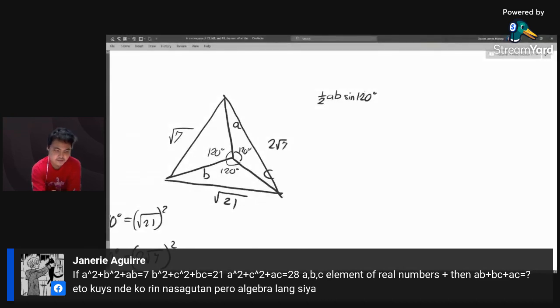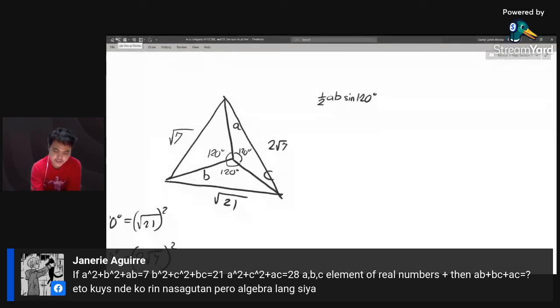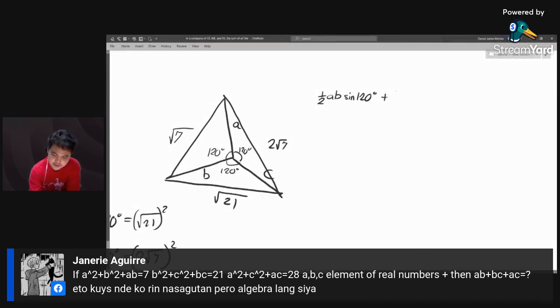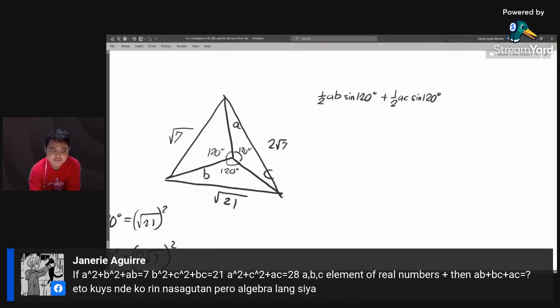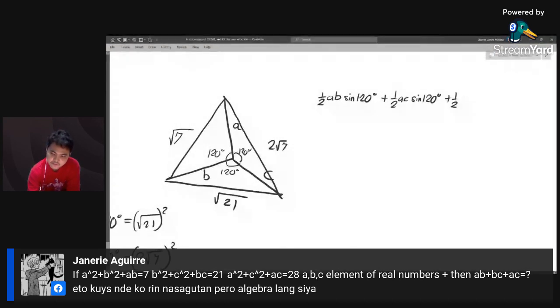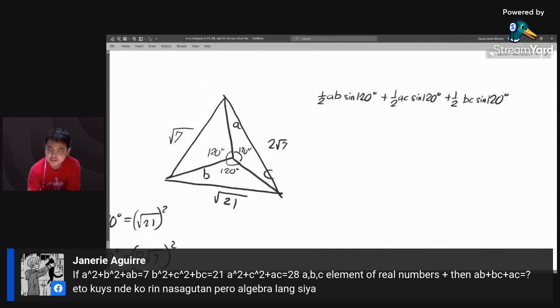Yan yung sa area ng unang triangle. This one, no? 1/2 AB sine 120. Tama? Oh, may AB. Try natin yung susunod. Yung sa AC. 1/2 AC sine of 120. Diba? Yun yung area. Tapos plus 1/2 BC sine of 120. So, yan yung total area nung tatlong triangle.